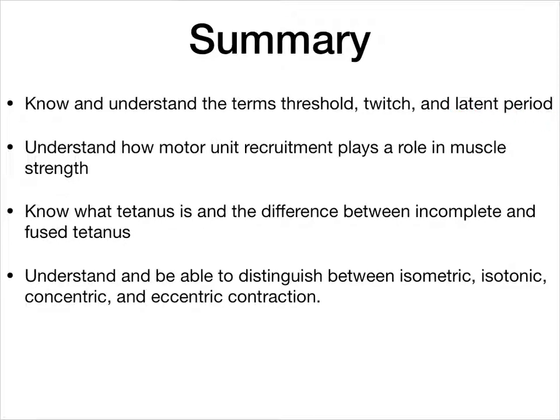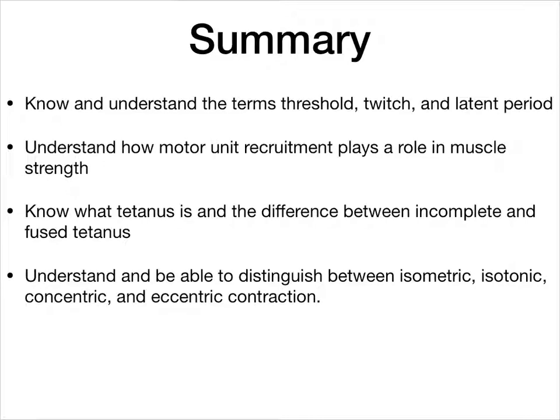You need to understand how motor unit recruitment plays a role in muscle strength, right? The more motor units that you recruit, the stronger the force of contraction of your muscle, and the stronger a signal you send down your nerve, the more motor units you recruit, starting from the smallest motor units and then working up to larger ones.